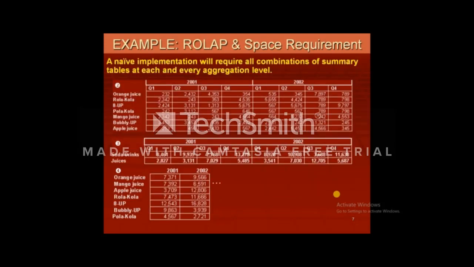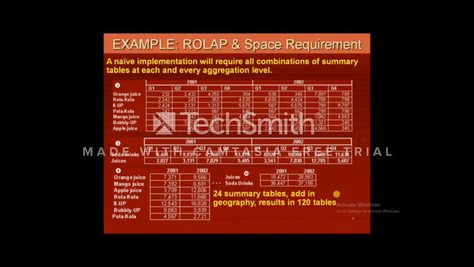So in this slide we discussed all the summary tables that we can generate. We looked at some of the summary tables that we can generate from the previous two dimensions, and similarly we discussed that if we have demography or geography information or dimension available, we will have 120 summary tables that we will have to store inside our database or our data warehouse.